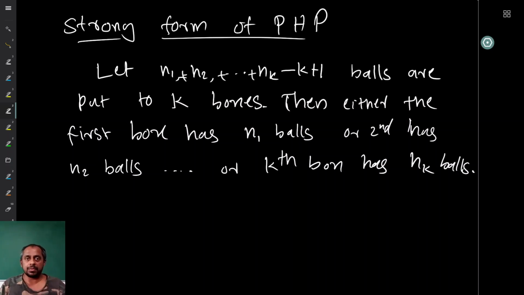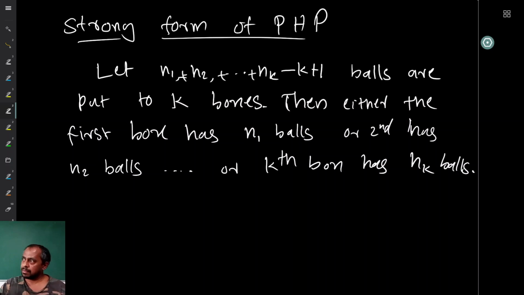One of these must be true. Now, all of them cannot be false altogether, right? Because if the first one had only n1 minus 1, second had only n2 minus 1, etc., last one had nk minus 1, in total we have only n1 plus n2 plus nk minus k. The plus 1 will be missing. So therefore, one of them must satisfy this.